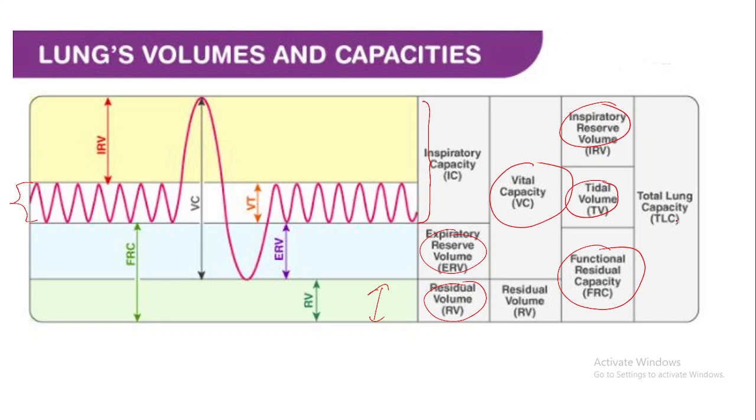Total lung capacity is this entire thing, which includes normal breathing volume, additional inspiration, additional expiration, and the functional residual capacity.